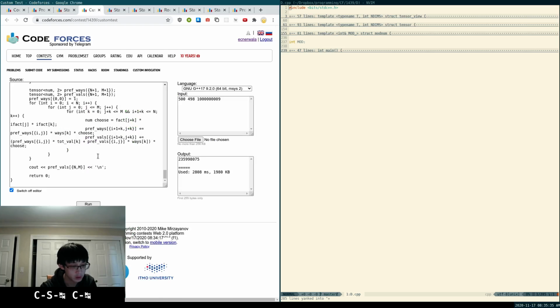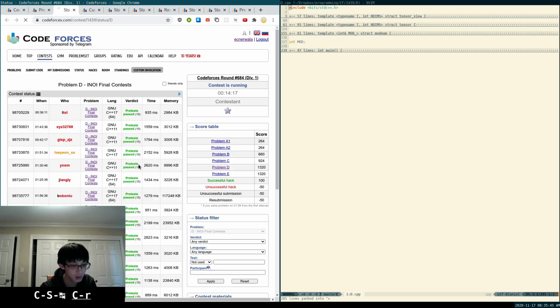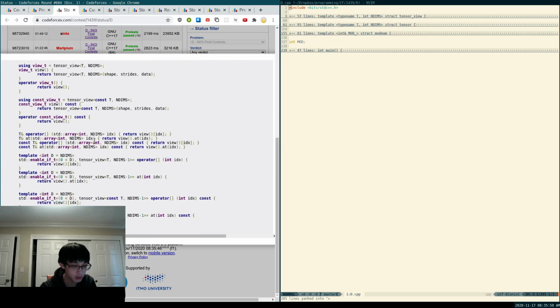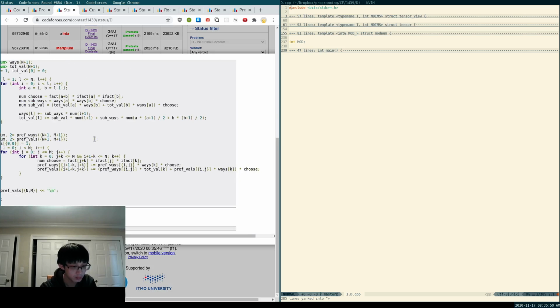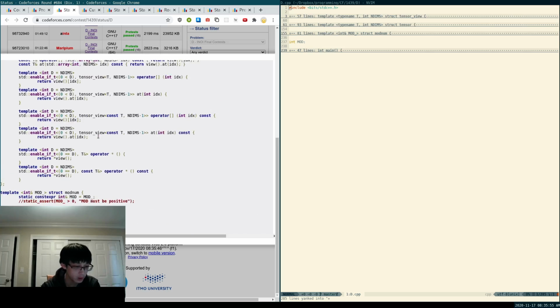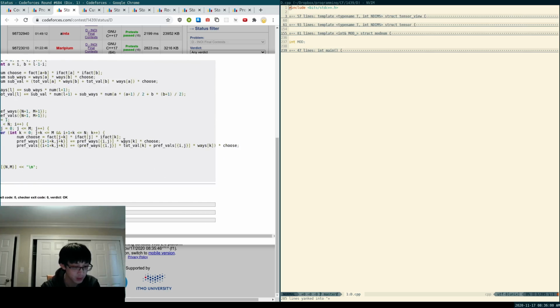Yeah, I actually suspect that in this case the array accesses might be fast enough. It might just be the mod being slow. So in theory, I really should have used a barrett reduction thing, but I don't have that code on hand.